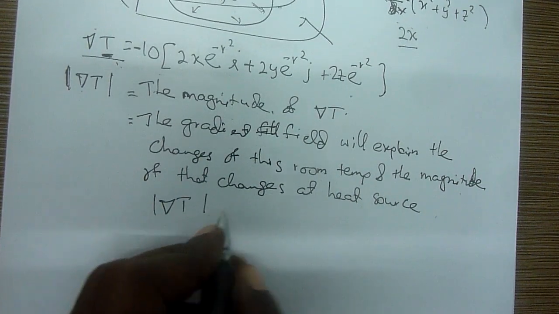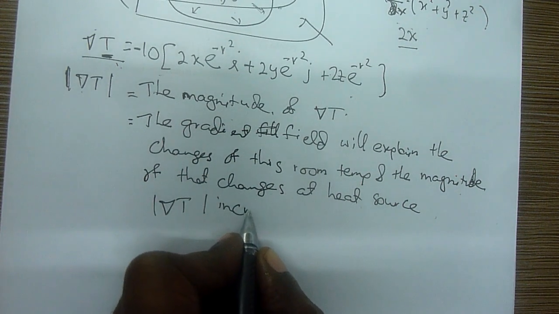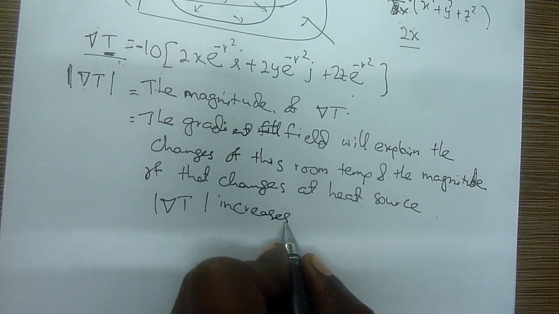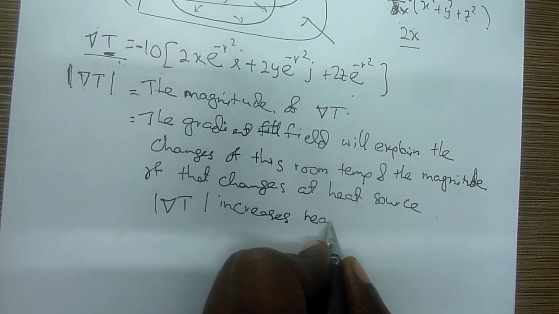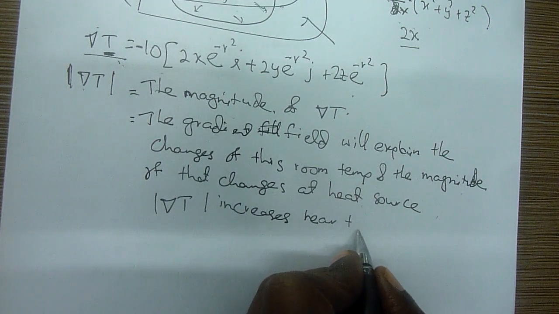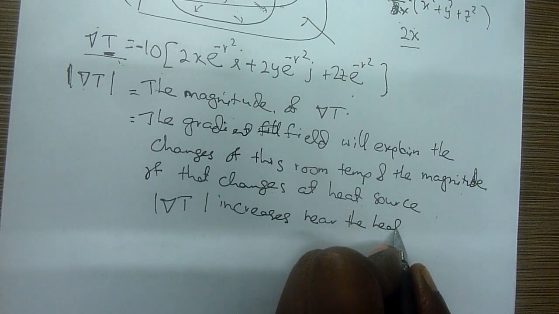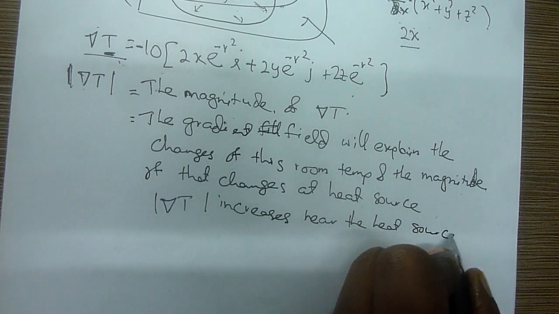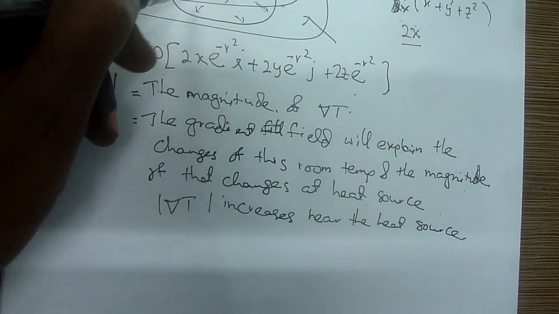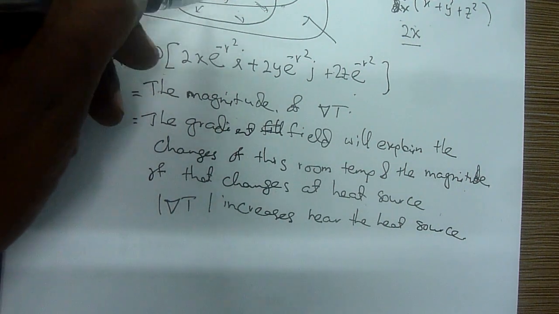The T increases near the heat source, but decreases when it's far away from the heat source.